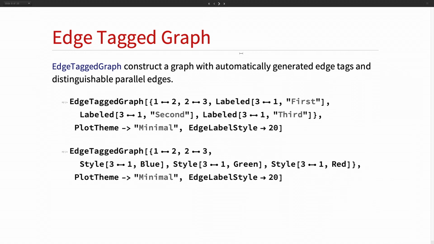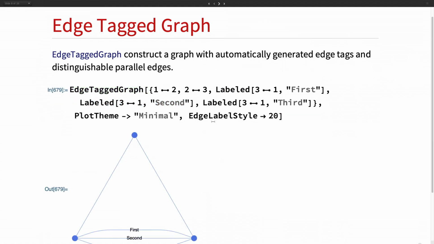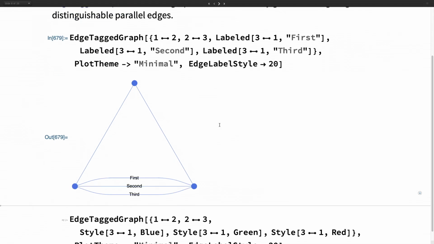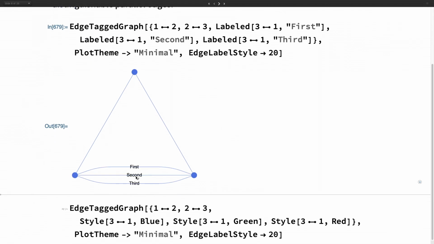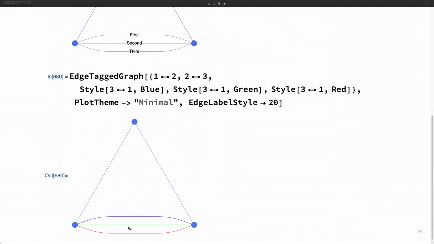So we call it EdgeTaggedGraph. This is a function. What it does is it's the same as Graph, so it takes the same input. So label 3, 1; first, 3, 1. We didn't specify tags, but if you use EdgeTaggedGraph, it automatically gives a tag to each edge. So now you see here, and you can even specify different colors.